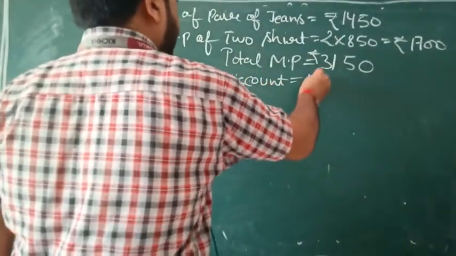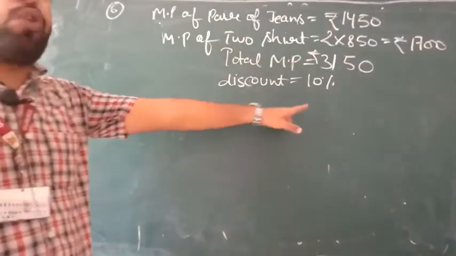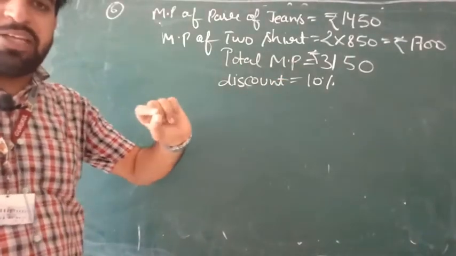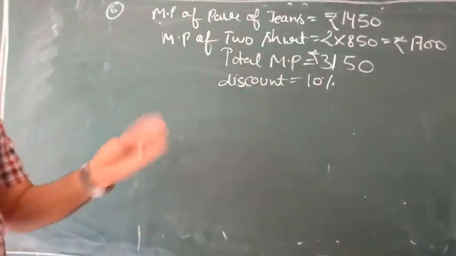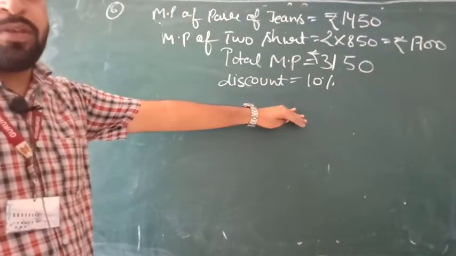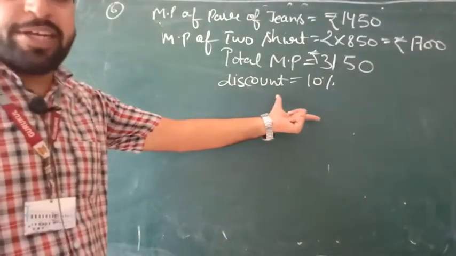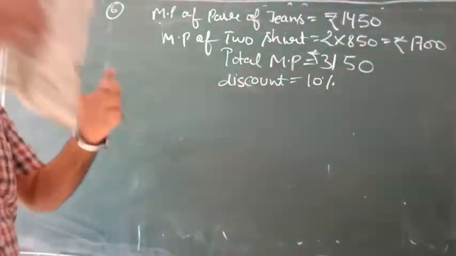I will tell you the second way, the short way. Suppose you are getting a discount of 10%. The total money charged should be 100%. You are getting a discount of 10%, then how much are you paying? Obviously you are paying 90% of the money. 10% you are getting as discount, so 90% you are paying.